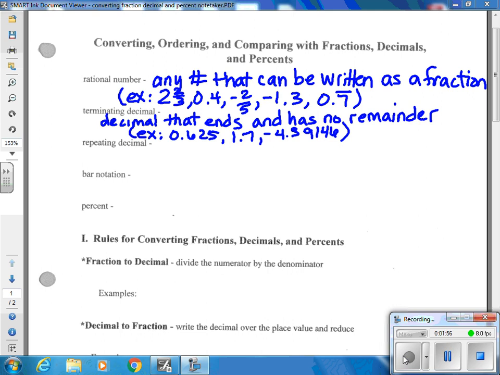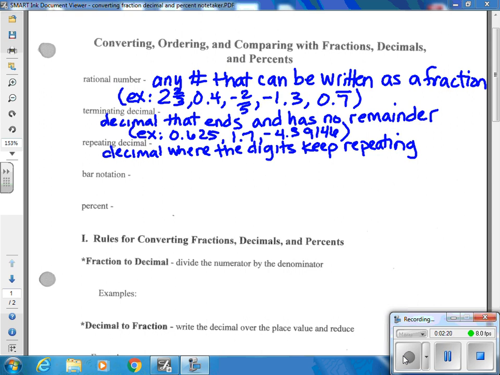Right? The next word is a repeating decimal. If it's not a terminating decimal, it will be a repeating decimal. And this is a decimal where the digits keep repeating. So there is a repeating pattern to them, right? And that's what makes them rational, because we make fractions out of them.